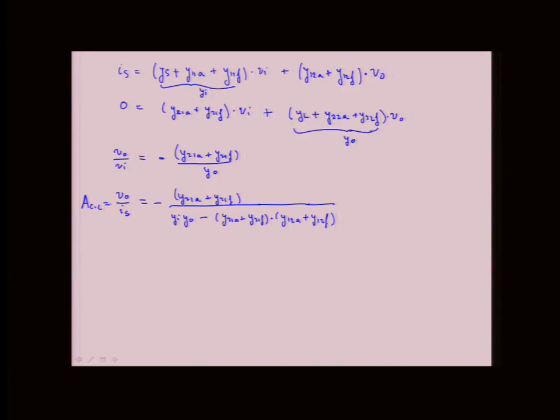So if we take out the YI0, we can get something that looks like this: minus Y21A plus Y21F over YI0, over 1 plus, and then we have minus Y21A plus Y21F over YI0, and then times Y12A plus Y12F.